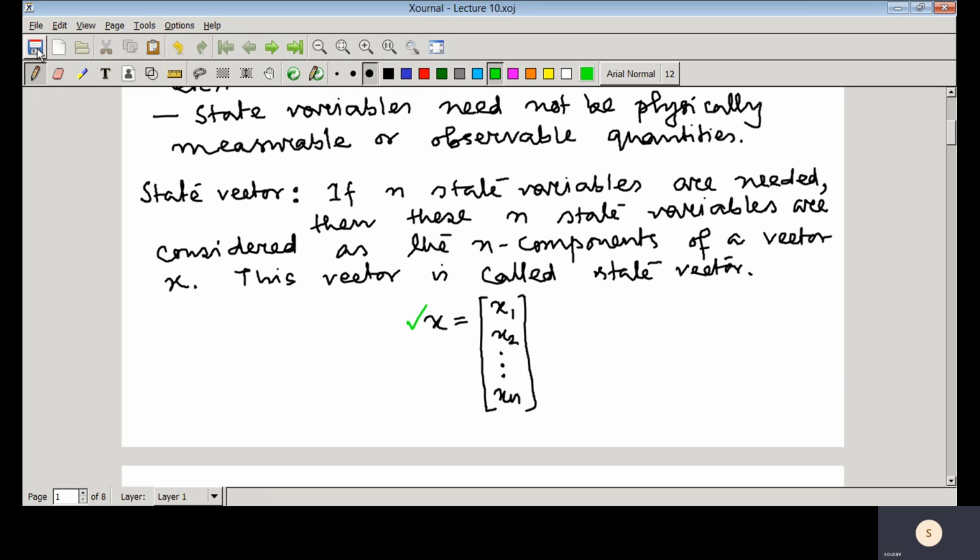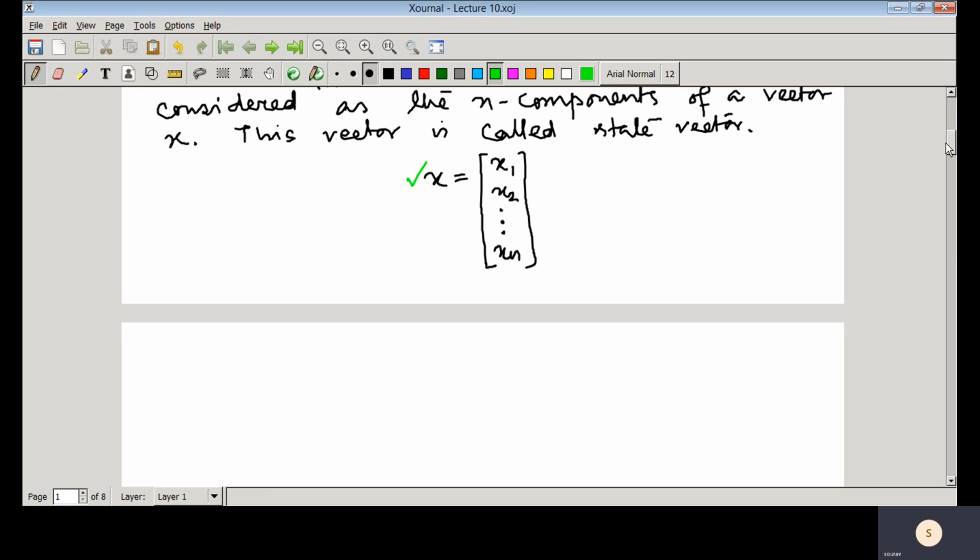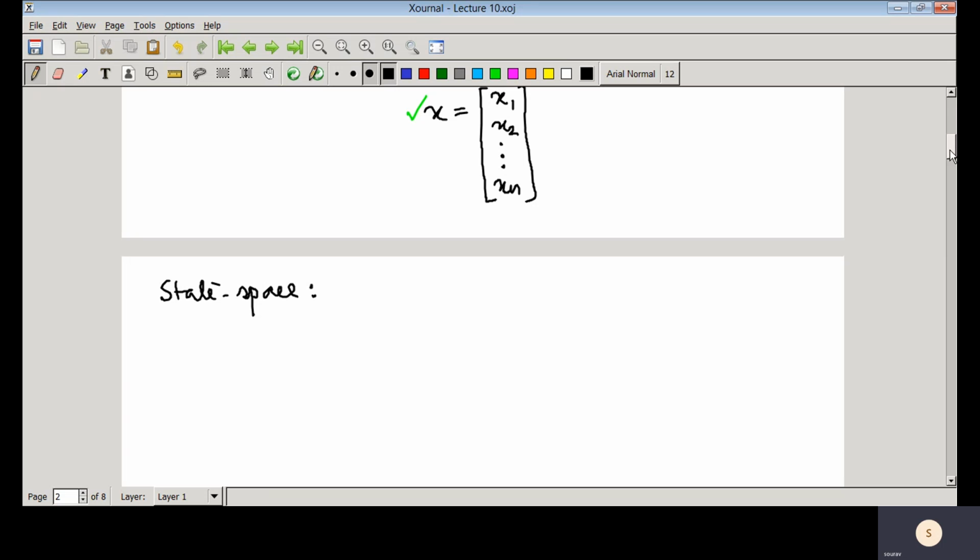So now the state space here is the two-dimensional state space. So what is the state space? The n-dimensional space.